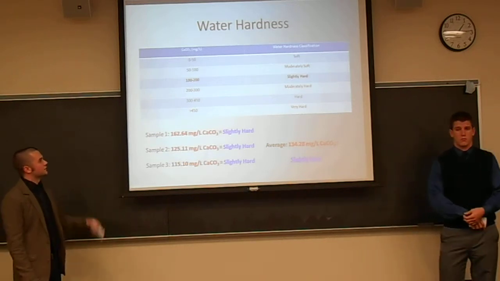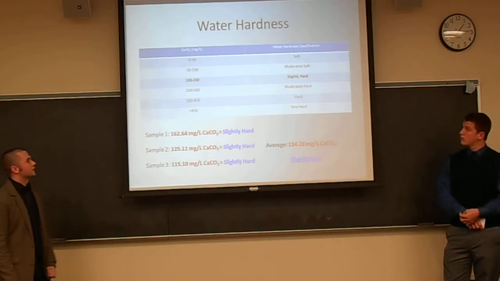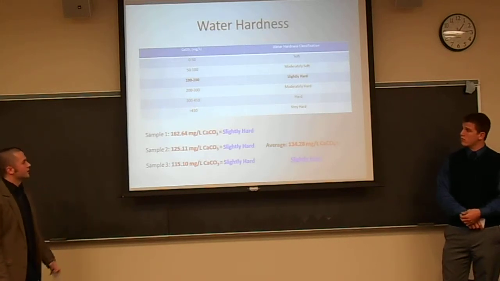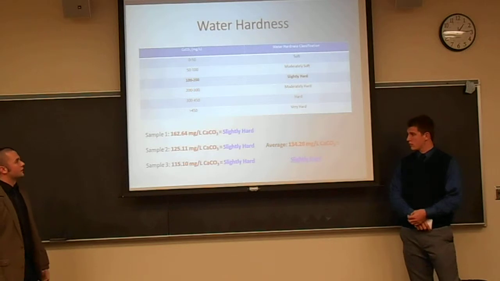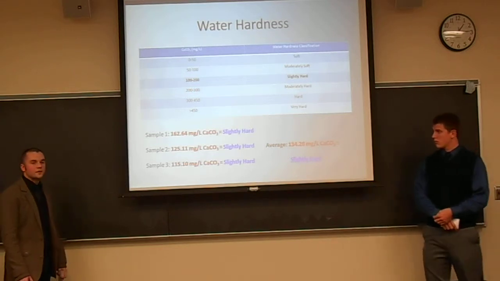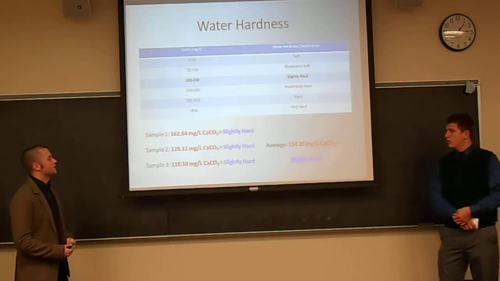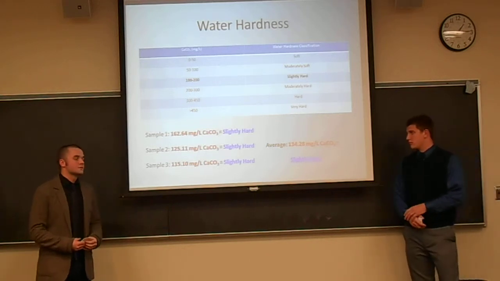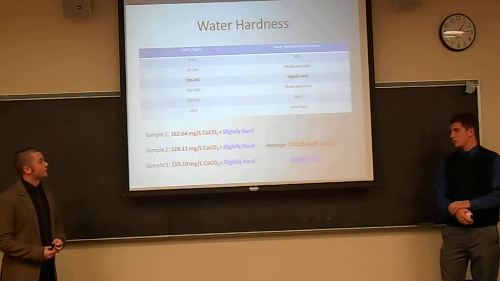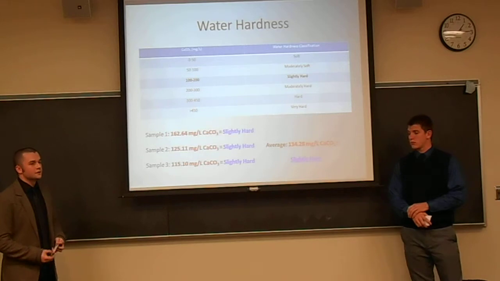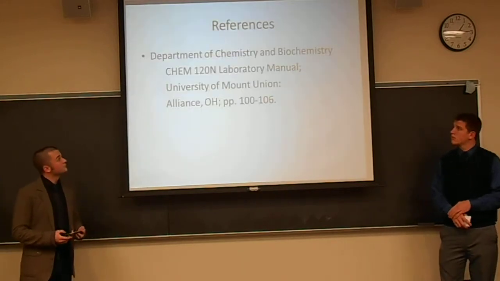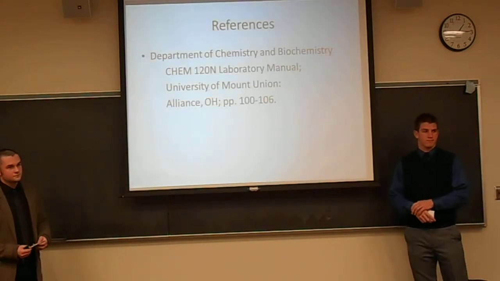As you can see at the top, 0 to 50 is soft, and anything greater than 450 would be very hard. Each of our samples were right in between 100 and 200, and we took an average of each one, and it came out to be 134.28 milligrams per liter. So our conclusion is that our water was slightly hard. And these are references.